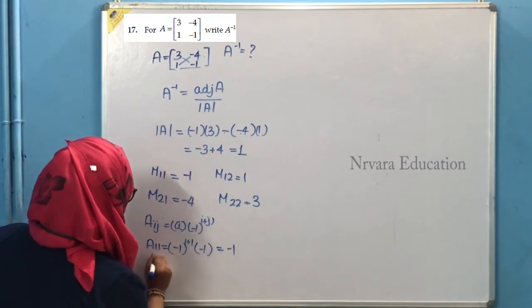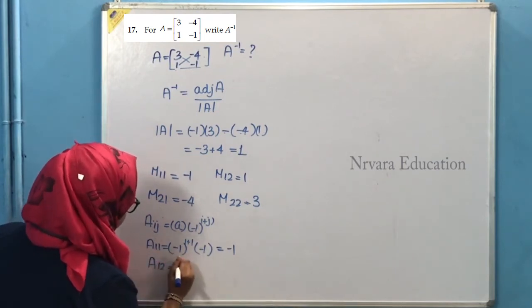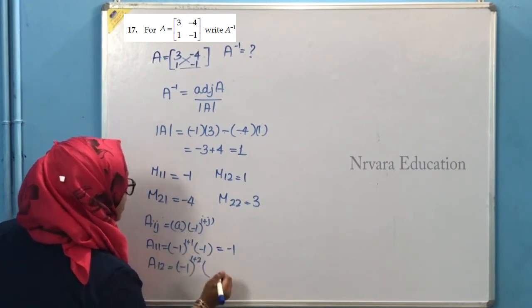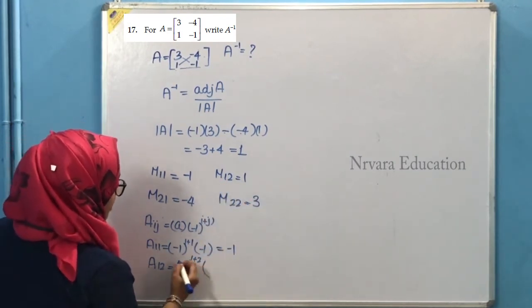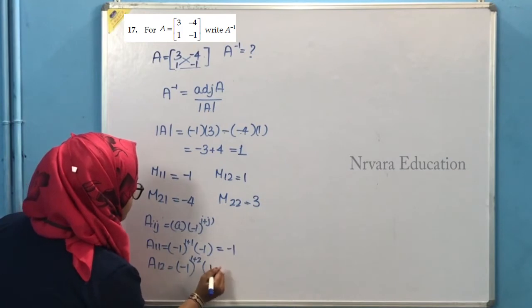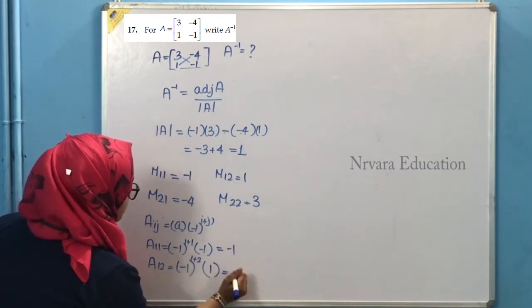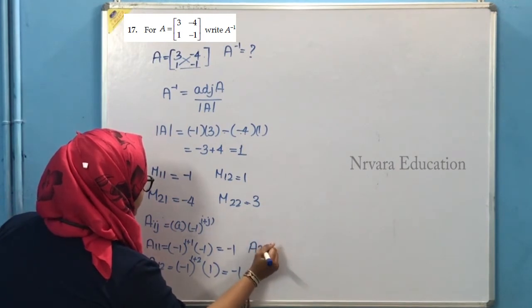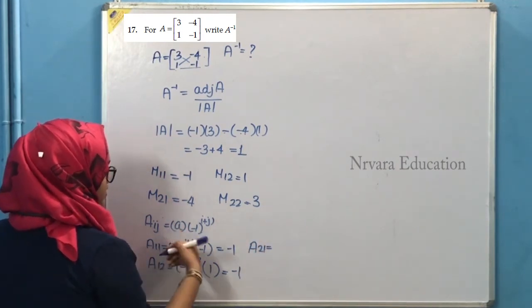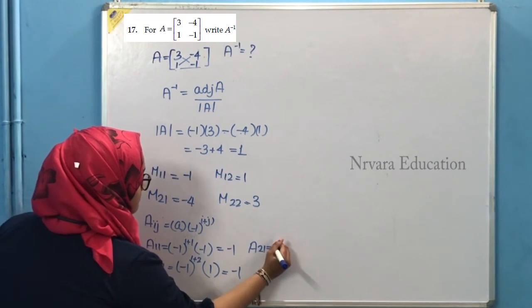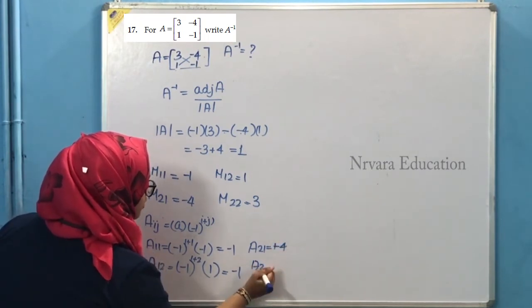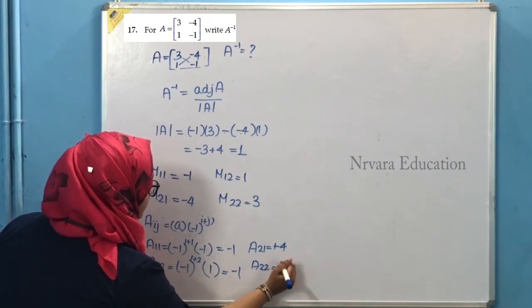And A12 will be equal to minus 1 raised to 1 plus 2 into our minor, which is 1. So it will be minus 1. A21 will be similarly plus 4, and A22 will be 3.